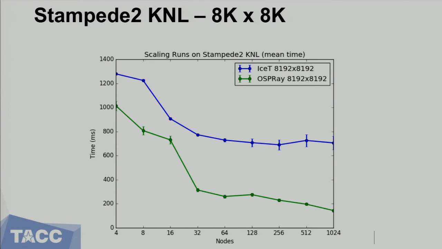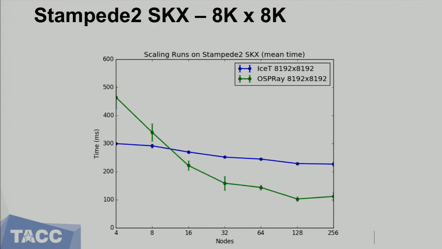At 8K, it gets even better comparatively. So ICE-T is still doing a very nice job out to about 8/10 of a second. And Osprey is seeing really nice scaling performance, actually getting faster the more nodes you add, to about 150 milliseconds at 1,000 nodes.